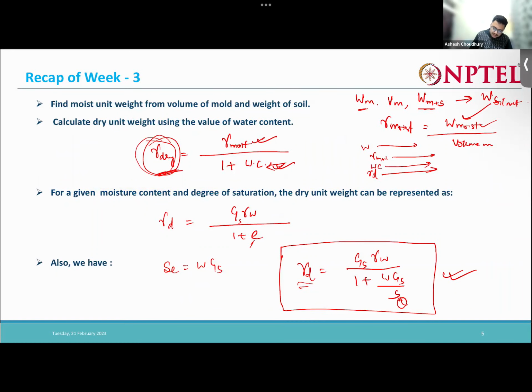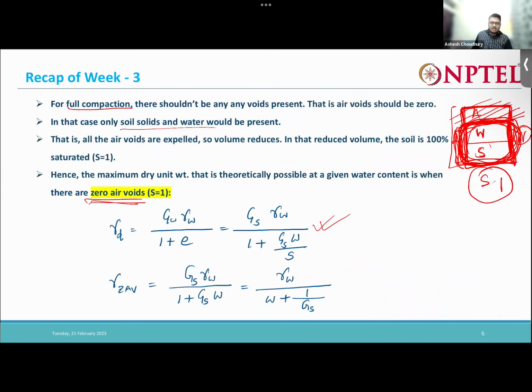This is the relation that we saw in the previous slide. If I put S equal to 1 here, the density that I will get is known as the zero air void dry density, right? So there is no air. This is only theoretically possible. Practically, this is not possible, right? We know the G value, we know gamma, we know the water content.